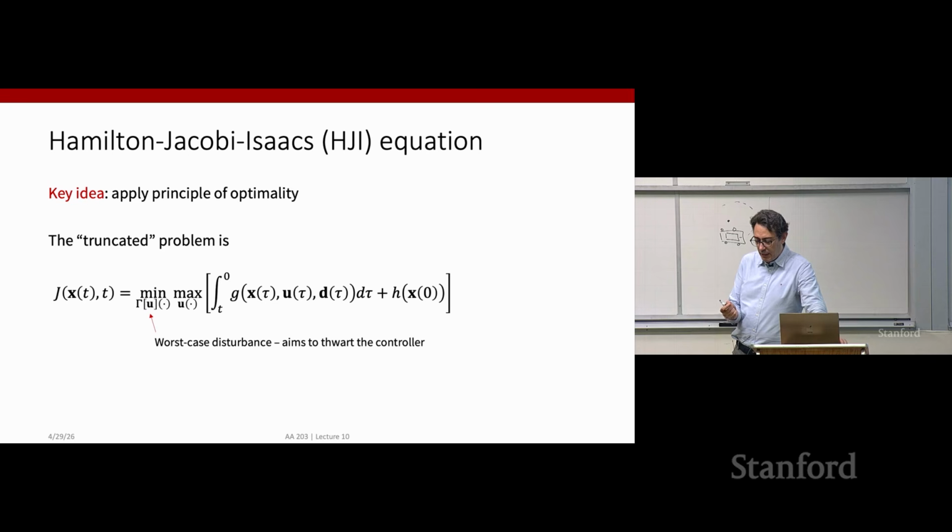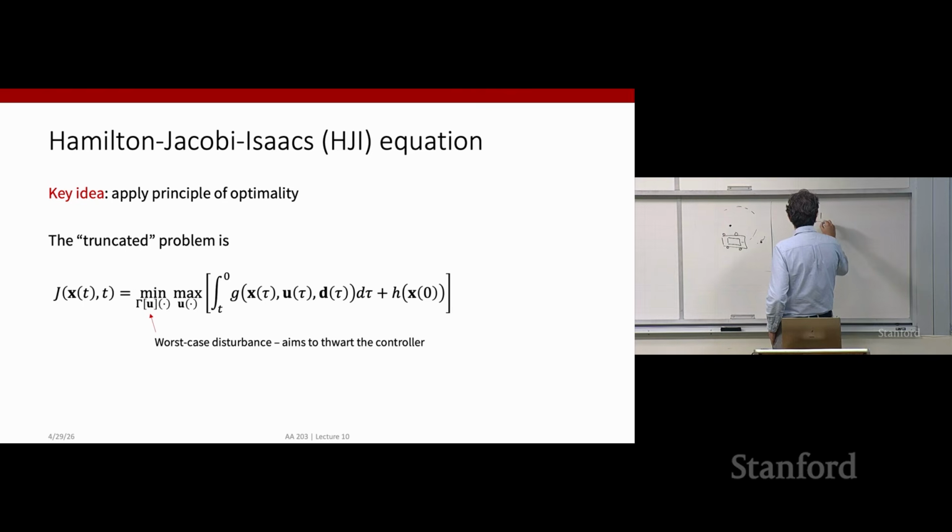Because essentially, I get to see what you do, right? And so, for example, say there are two cars. This is player one, and this is player two. In a dynamic situation, say that player two wants to hit you. And you're player two.